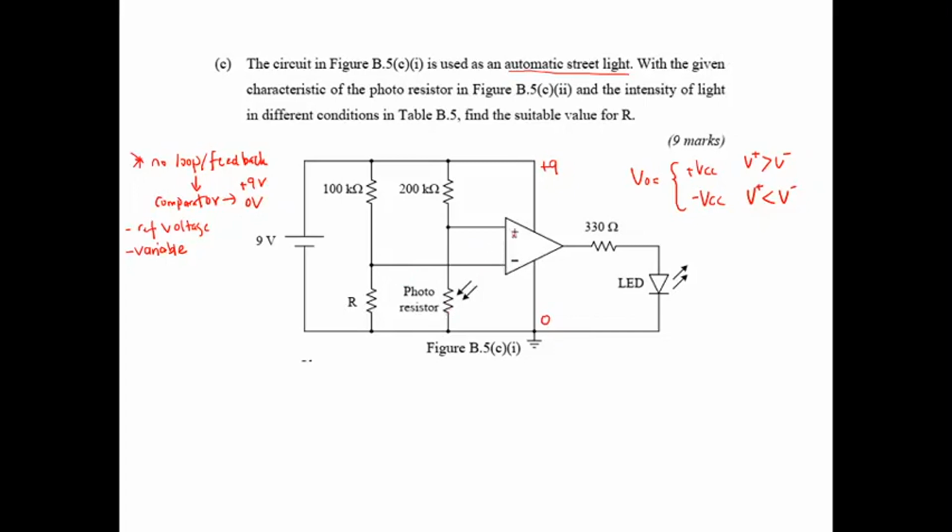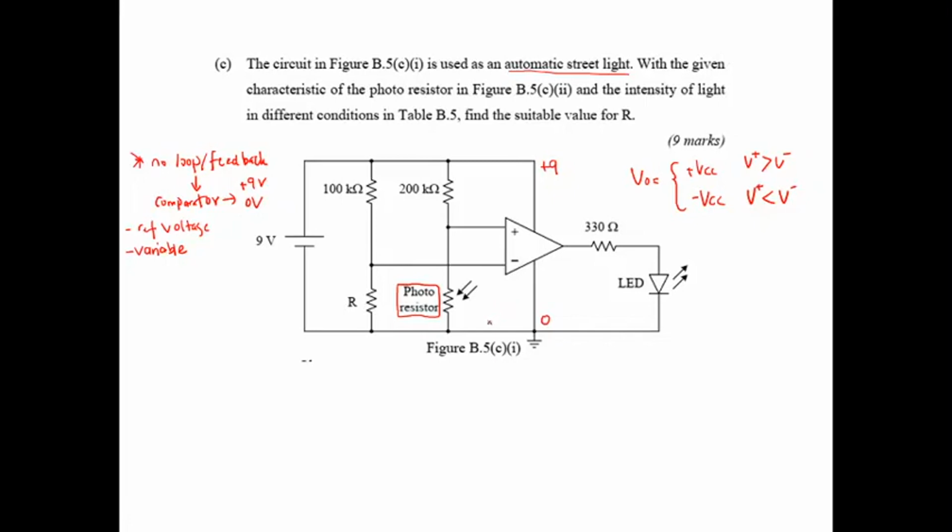The V plus here is connected in between the 200 kilo ohm resistor and the photoresistor. So what is a photoresistor? A photoresistor is a sensor that detects light, whereby the internal resistance changes depending on the light condition.